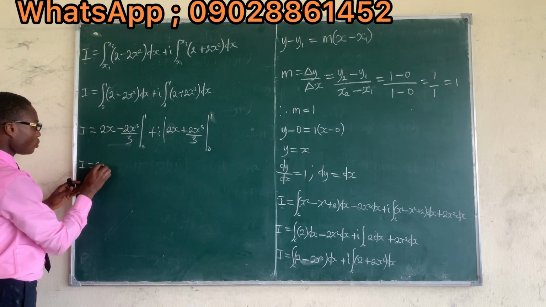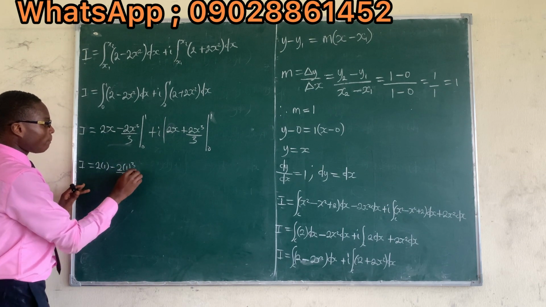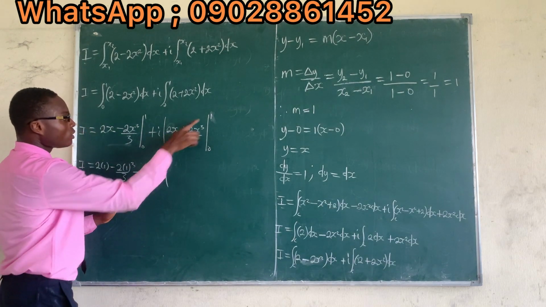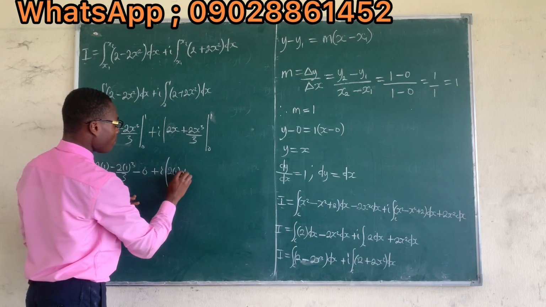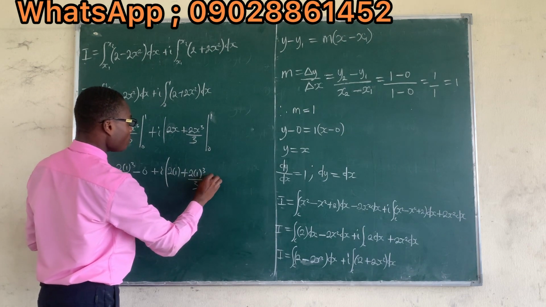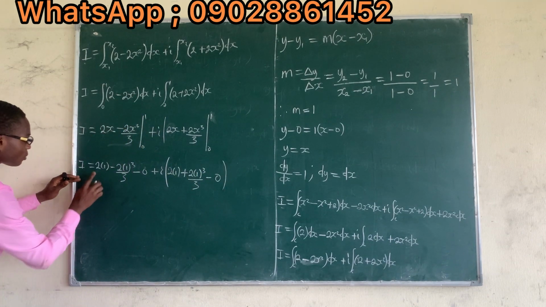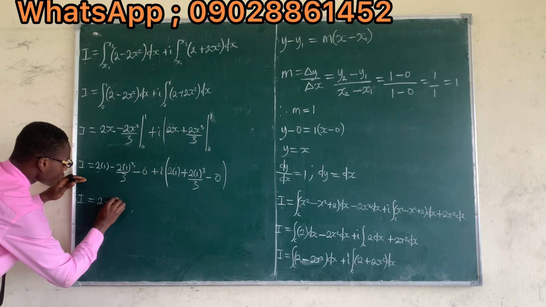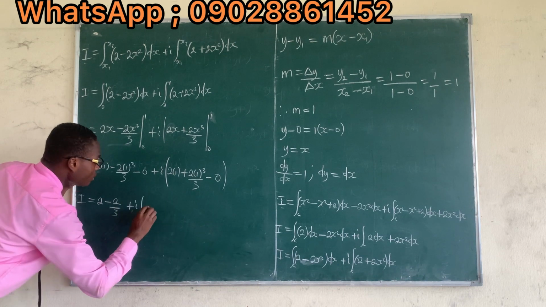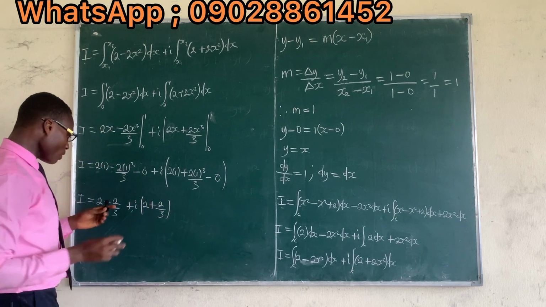So we have 2 times 1 minus 2 times 1 cubed over 3, minus, if you put in 0, you have 0, plus i times 2 times 1 plus 2 times 1 cubed over 3, minus 0. So I is equal to 2 minus 2 over 3 plus i times (2 plus 2 over 3).